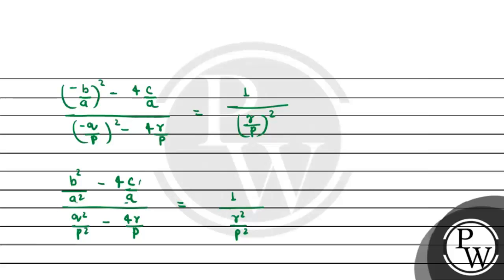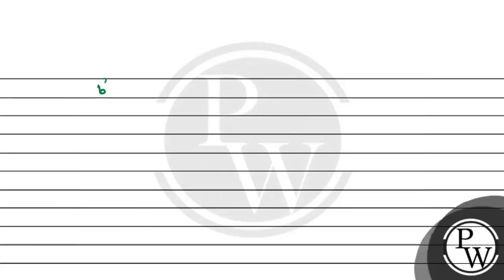Taking LCM, our equation will be (b square minus 4ac) upon a square, whole upon (q square minus 4rp) upon p square, is equal to, when there is a fraction upon a fraction, the denominator part goes to the numerator, so that will be p square upon r square.